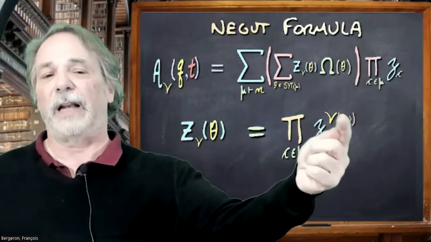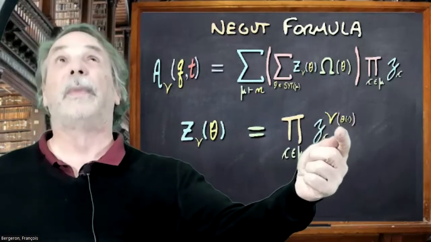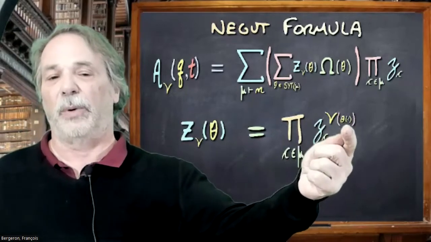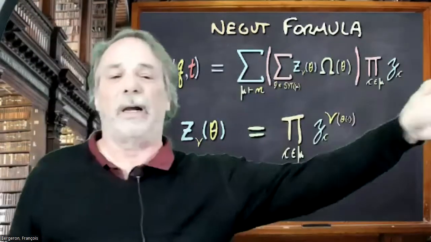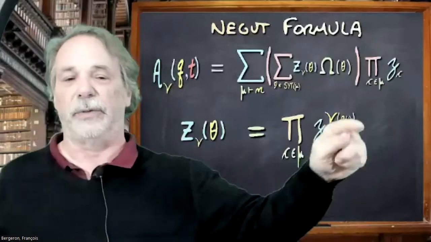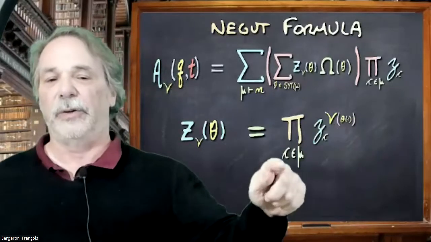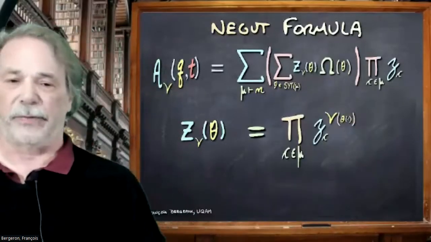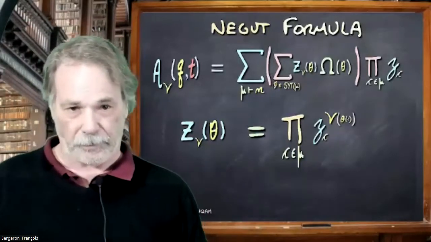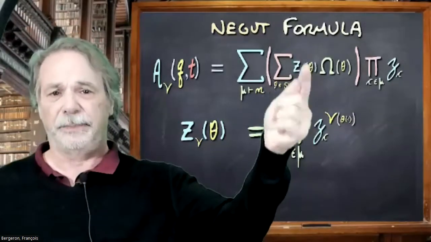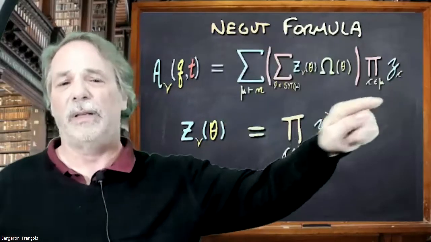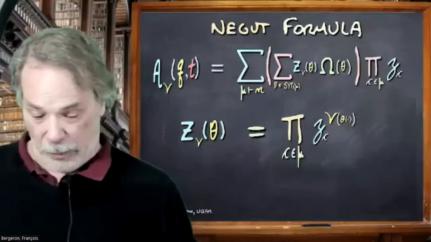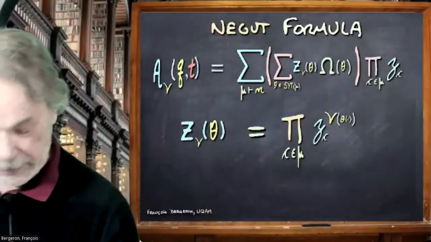You look at the value inside the standard Young tableau at cell C. This is going to tell you where in the vector V to take the power here, and then you multiply all of these for all cells of mu. So that's Z here. So once you calculate all of this mess, what do you get? You get something nice.